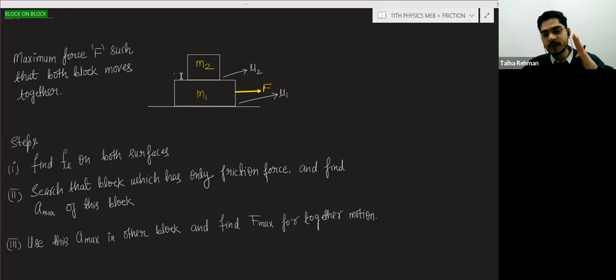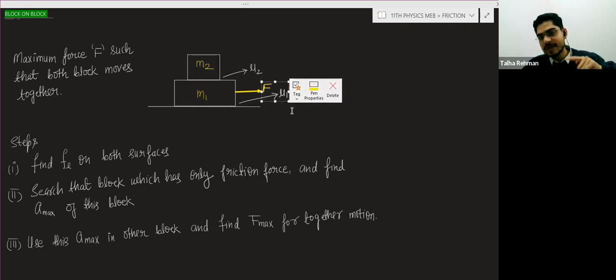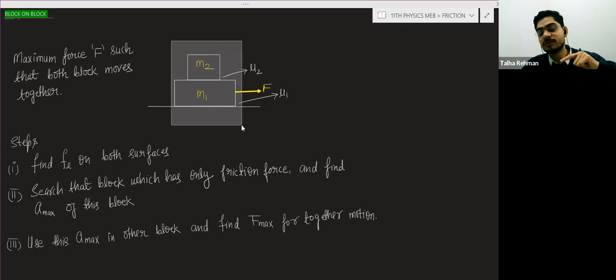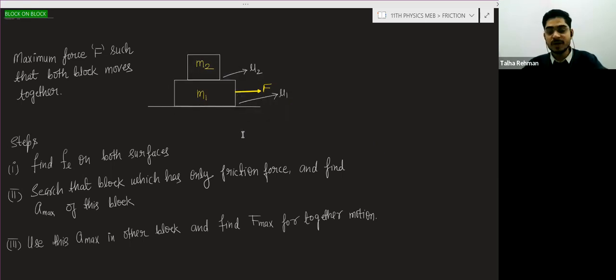With the help of the limiting friction force, we get the maximum acceleration of this block, and we use this acceleration in the other block to calculate the force, and that force will be the maximum applied force so that both blocks move together. If we apply more than that maximum force, there will be a relative motion between the two blocks.